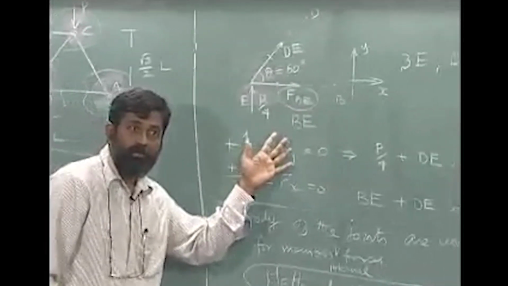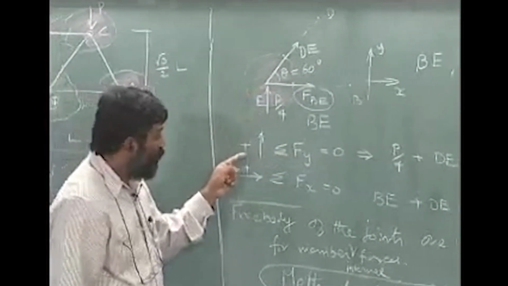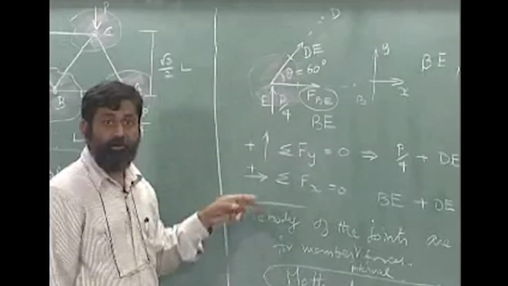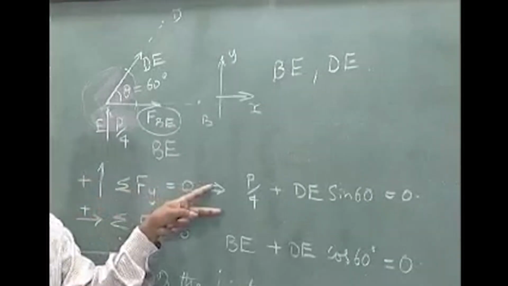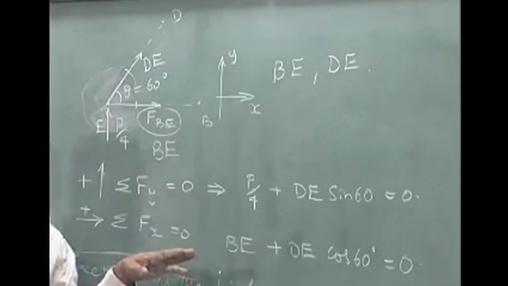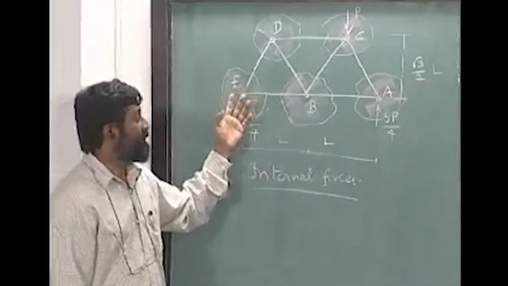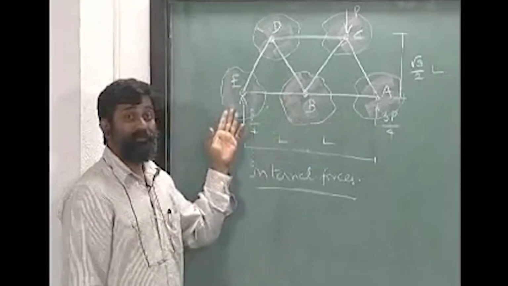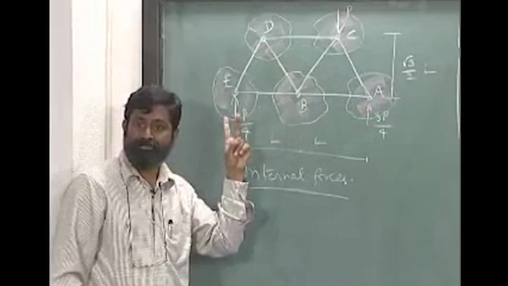If I go back to this, I can write 2 equations for every joint, okay. And therefore, if I am able to generate two equations for two unknowns, I can directly solve for those unknowns. Going back to this, the first attempt that I will make is to find out if there are joints with only two member forces.